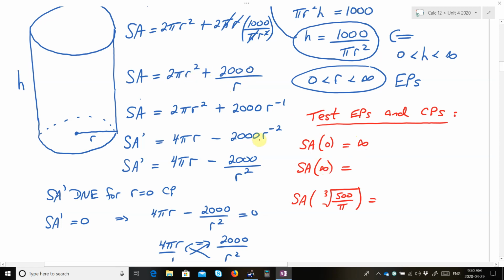And if I put infinity in for r, I would have 2 pi times infinity squared, so that's really big. Plus, you'd have 2,000 over infinity, so that would go to 0, but the first term would be really big. So those are not going to minimize surface area for us. Our minimum surface area will come from the critical point, and we'd have to put the cube root of 500 over pi into our function there.